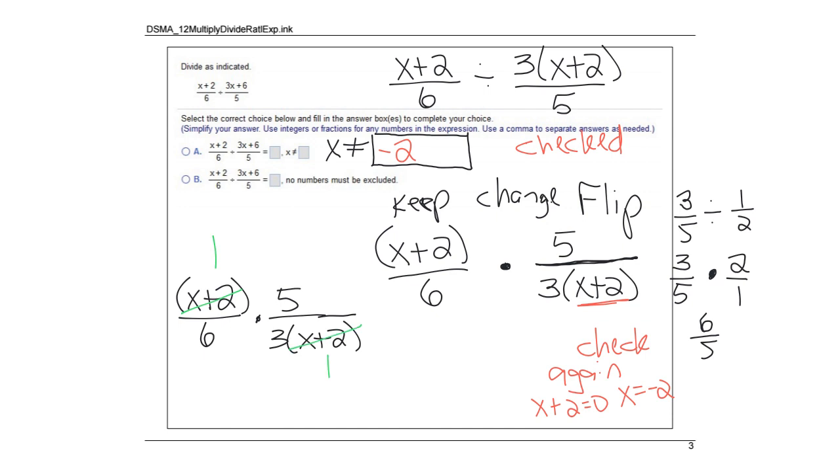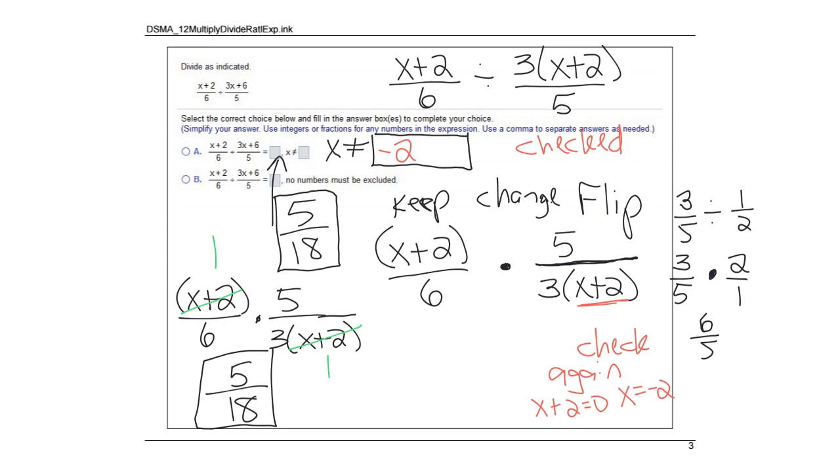So on top, we have 1 times 5. On the bottom, we have 6 times 3 times 1, and so that gives me 18. So that is as simplified as I can get. I got so simplified that I don't even have any variables anymore, but I do still have my exclusion of negative 2.